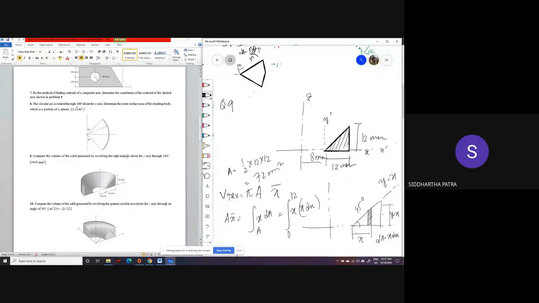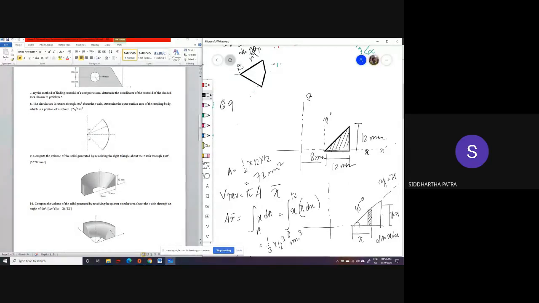Now we perform this integration. It is 1/3 times 12 cubed mm cubed, and you divide that by 72.